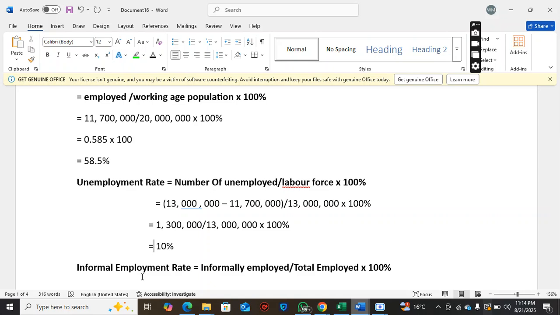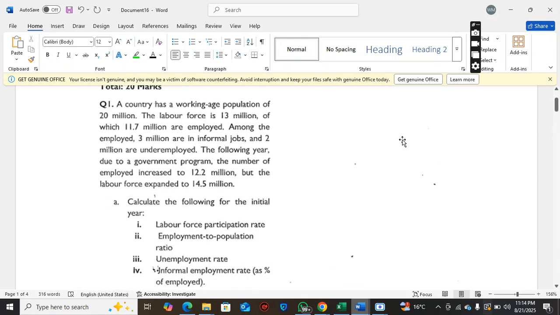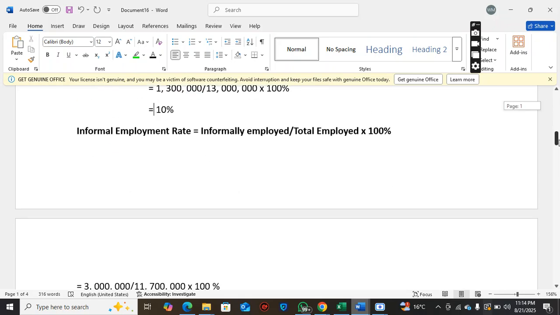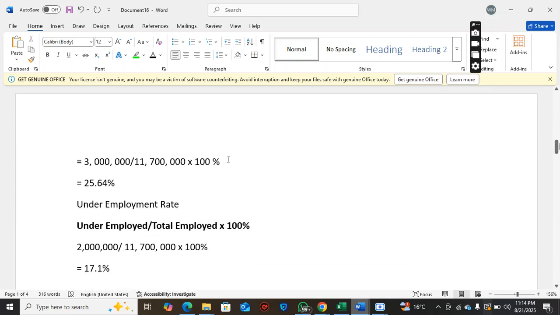That's informal. So the informally employed, we're told in this question, are 3 million. The total employed are 11.7 million. So 3 million out of 11.7 million, we get 25.64%. So out of this 11.7 million, 25.6% are informally employed.